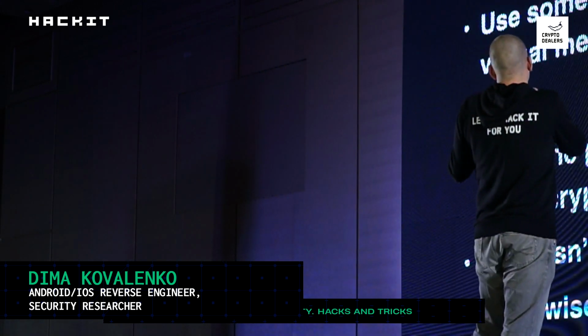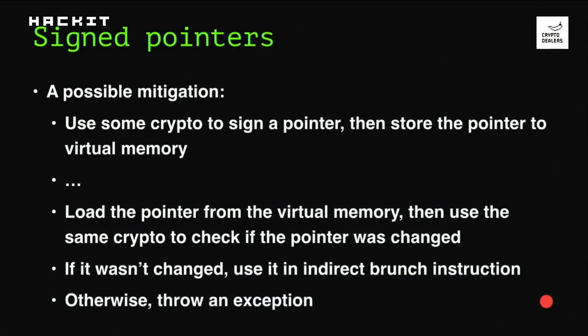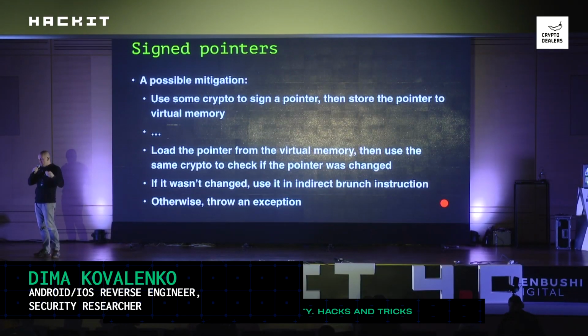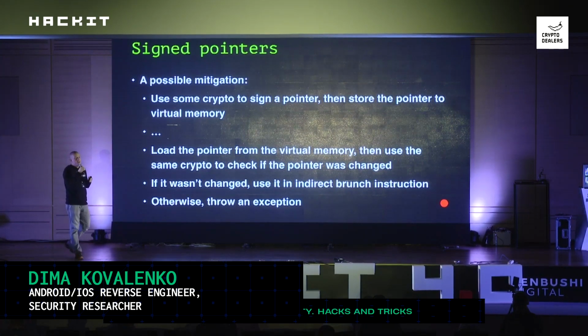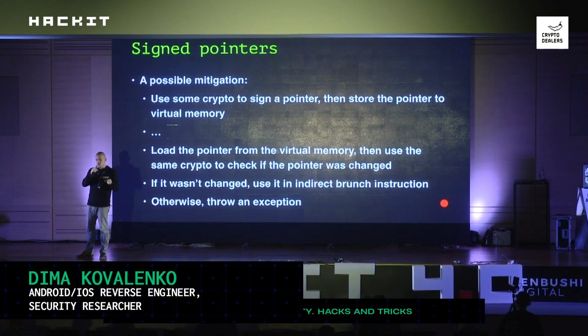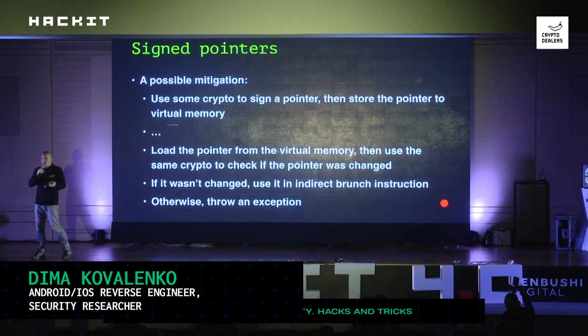Indeed, a possible mitigation: use some crypto to sign a pointer, then store the pointer to virtual memory. Then something happens, some code runs, doesn't matter. Then we load the pointer from the virtual memory, then use the same crypto to check the signature.